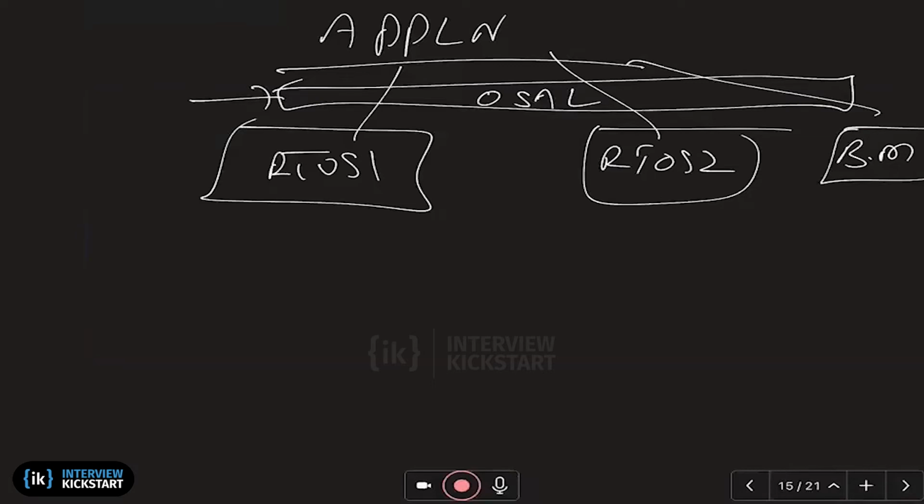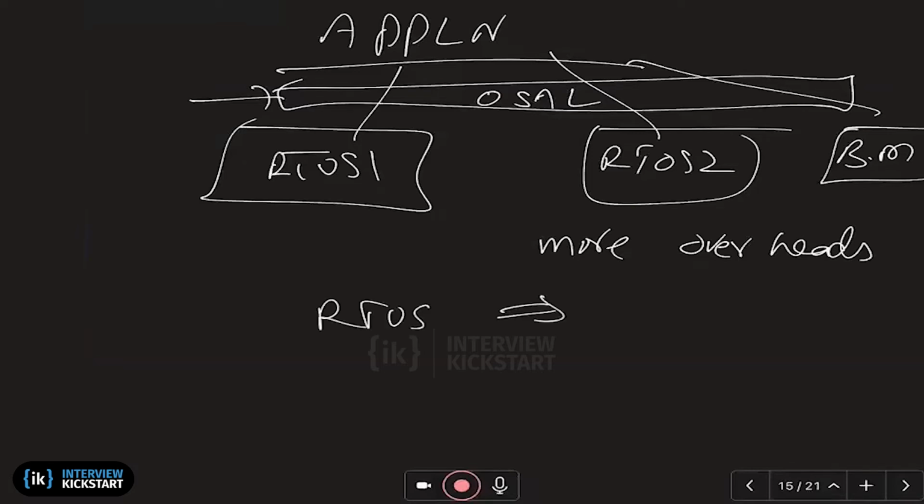It also adds an additional layer, which means more overheads, function calling overheads and so on, in spite of all the tricks of macros and so on. So basically, RTOS means overheads. The primary decision criterion is: is it worth it?